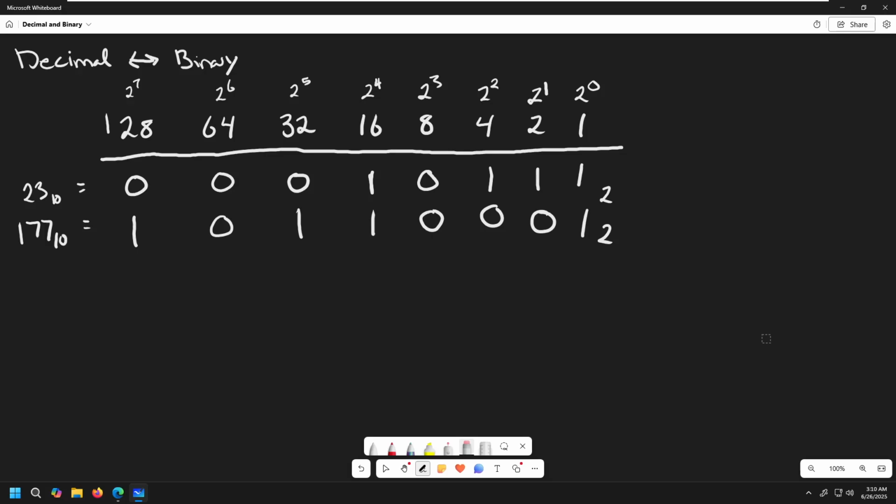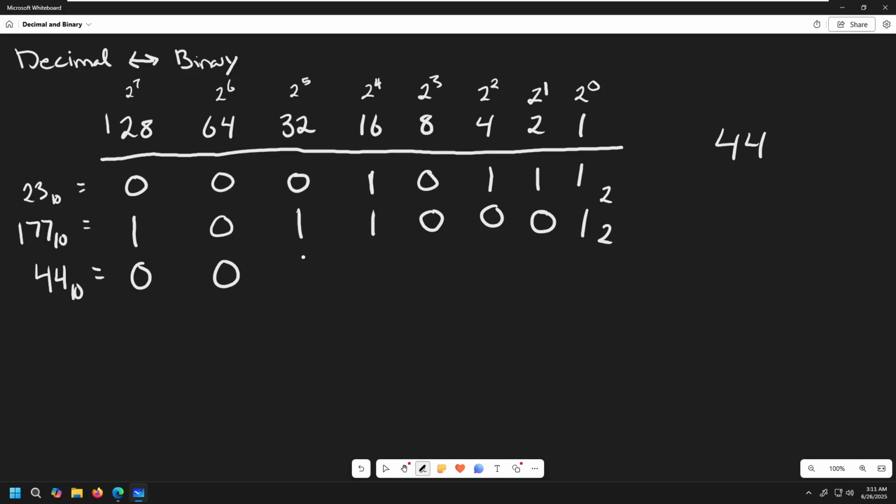Okay. Let me switch back. Alright, so 44 base 10 is equal to, well, again, for mathematic purposes. Eventually, of course, you won't have to do the mathematics. You'll be able to do these in your head. 128 is not less than 44, neither is 64.